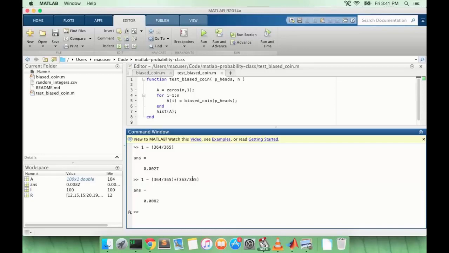So this is the probability that, in a group of three people, nobody shares a birthday. We can continue this pattern, but it would probably be easier to write a MATLAB function to do this.